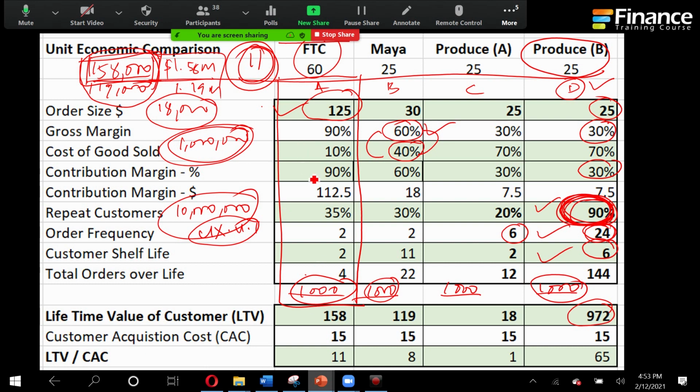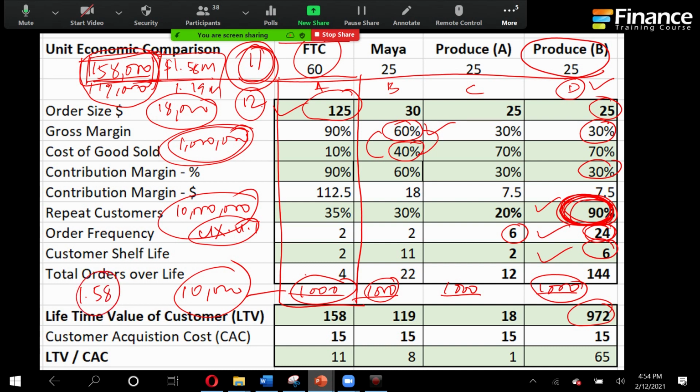If, let's say, FTC for a second had 10,000 customers, or by some magical act of God I could grow my 1,000 customers to 10,000 in 1 year, 12 years later I would have a business worth $1.58 million.